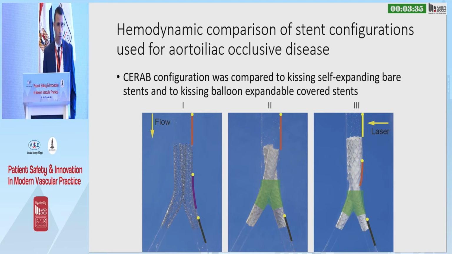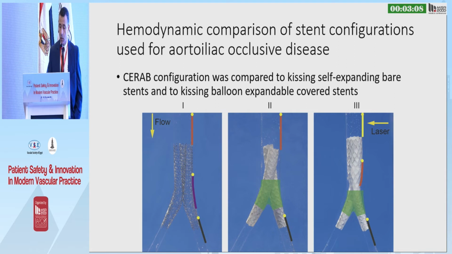However, in order to determine whether the CERAB concept is best and causes better outcomes than the already used kissing stents, which have been used for years, the group in the Netherlands measured the hemodynamics and the flow disturbance in three models: bare metal kissing stents, covered kissing stents, and the CERAB.